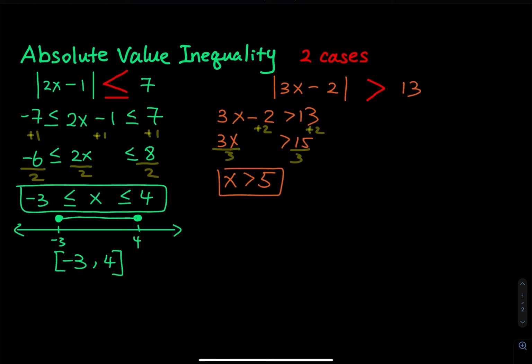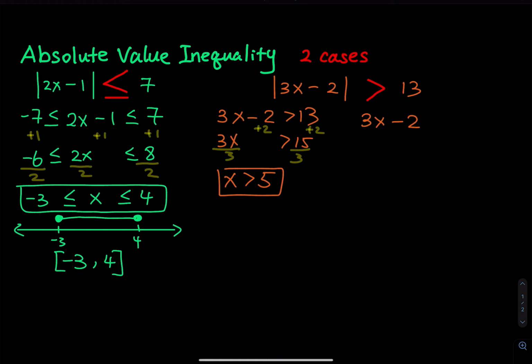And then the second inequality, this one you have to pay close attention to. There are two different ways to solve it according to the textbook you use, because different authors have different preferences. The most common way is this: you remove the absolute value.